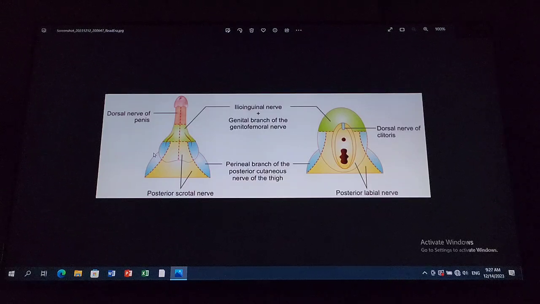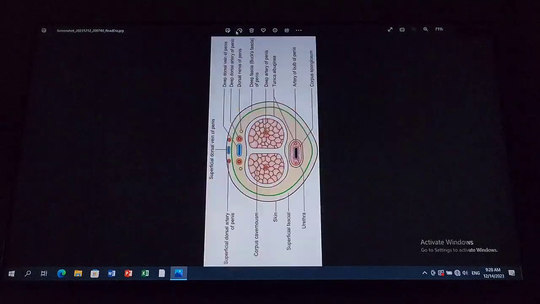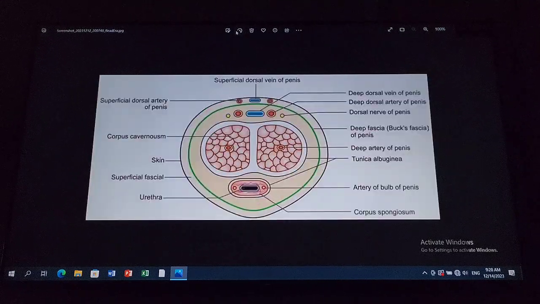This is an important topic. Also, you see, this is a horizontal section through the shaft of the penis in the male. You see that the shaft of the penis has 3 different layers of fascia covering 3 corporal erectile tissues, 3 fascia, 3 arteries, 3 veins.